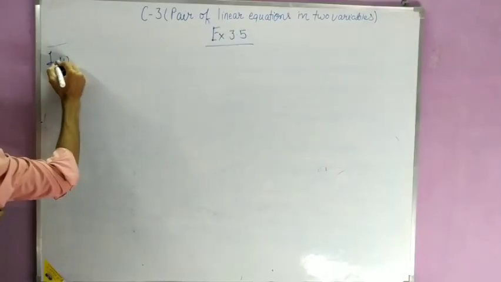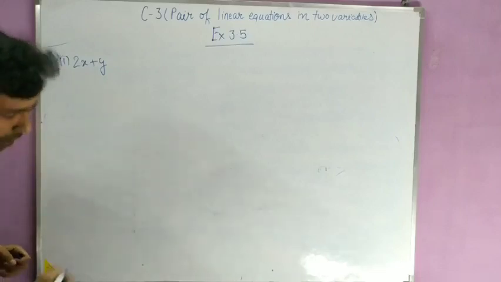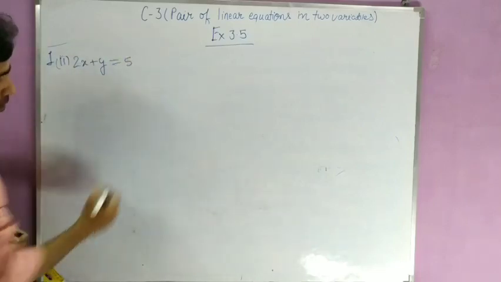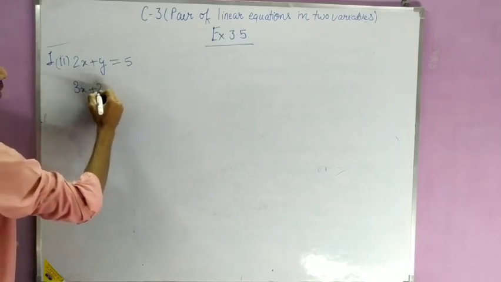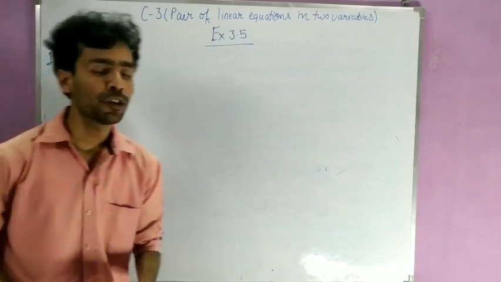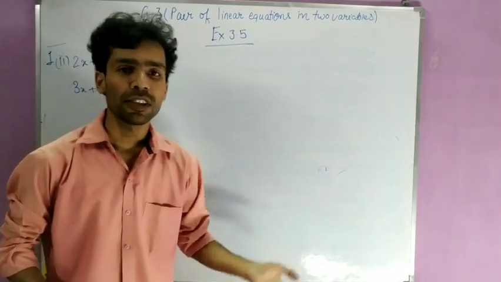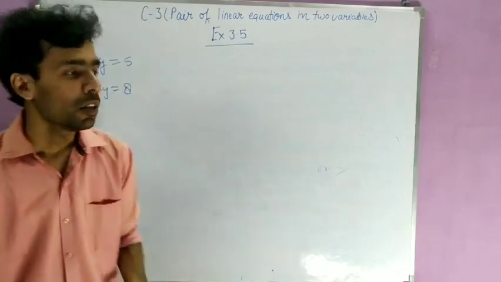The equations are 2x plus y equal to 5 and 3x plus 2y equal to 8. These two equations are given. First we have to check whether they have a unique solution, no solution or infinite solutions.